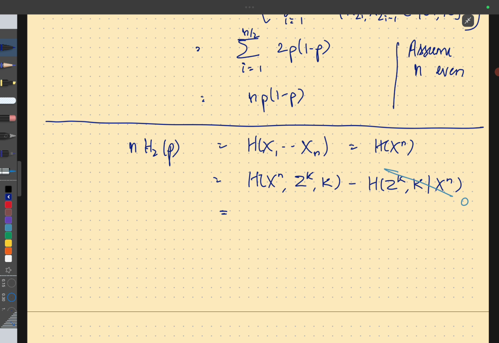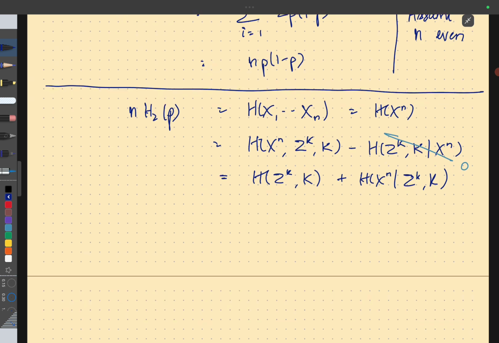So now I have the first quantity, H of x^n comma z^K comma K. This is equal to H of z^K comma K plus H of x^n given z^K comma K. Now this quantity is greater than or equal to H of z^K comma K. Why?